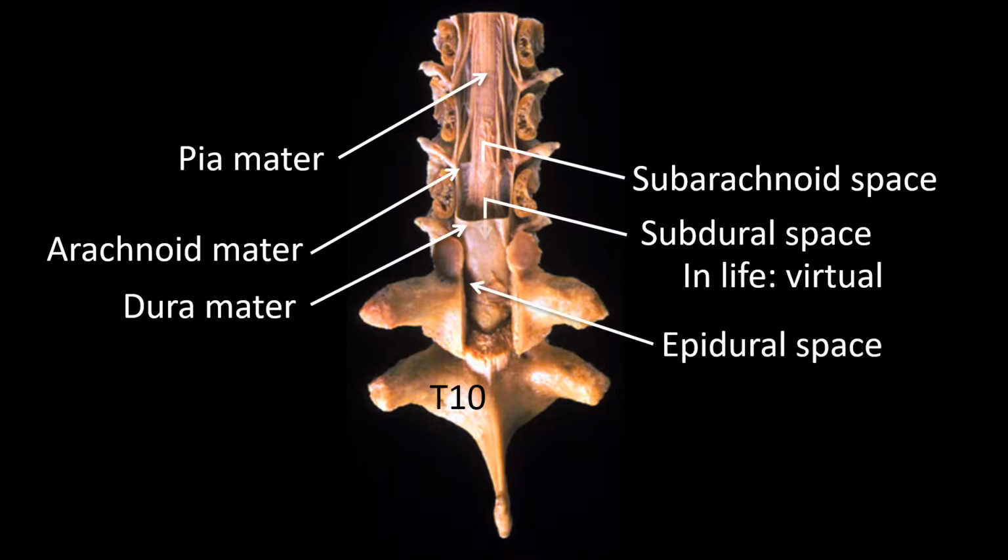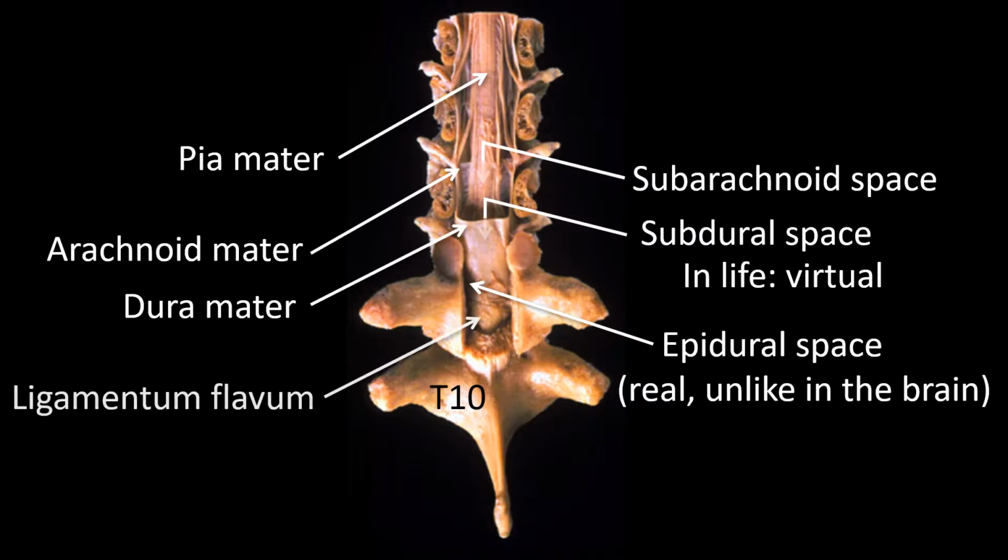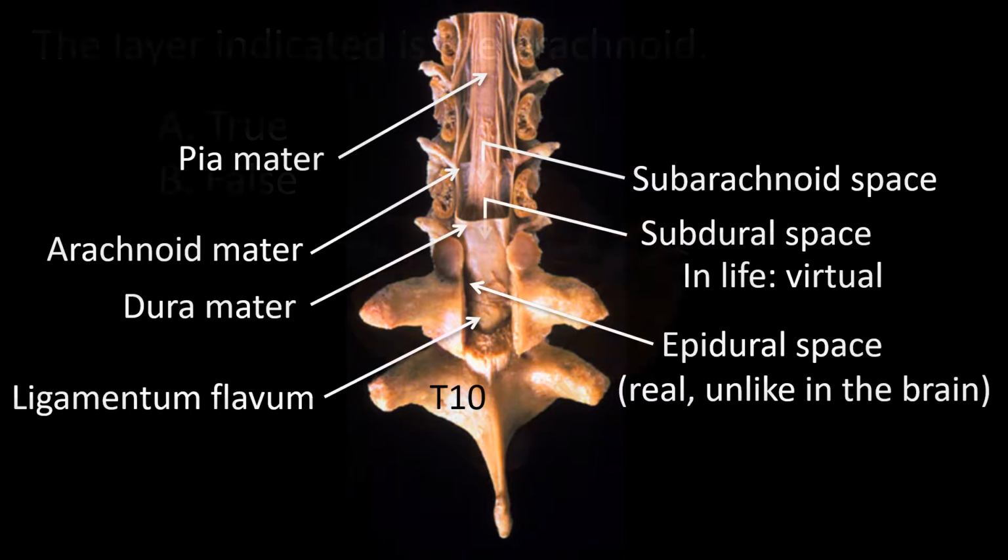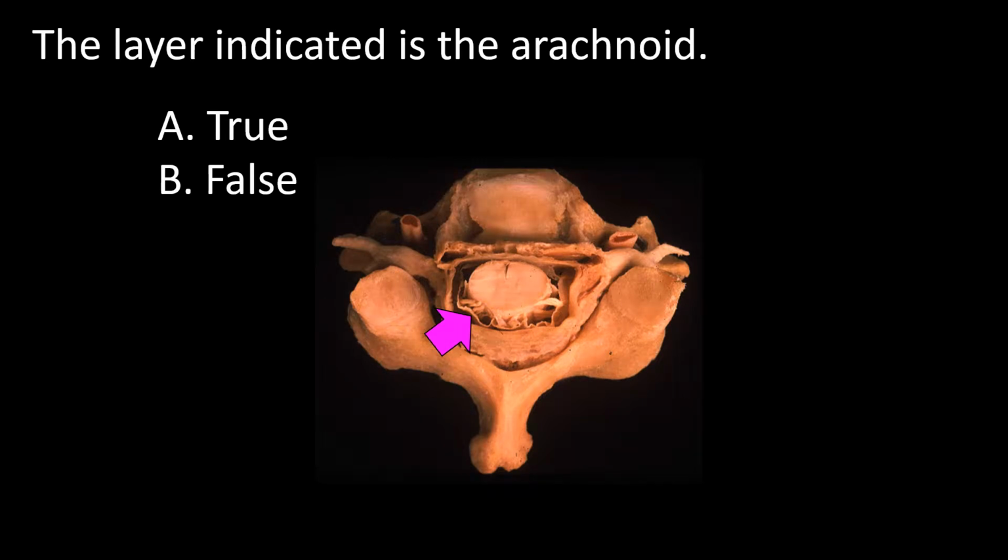Outside the dura, we have the epidural space, which is a real space. And in the dorsal aspect of the canal, the ligamentum flavum. So the answer to this question is true.